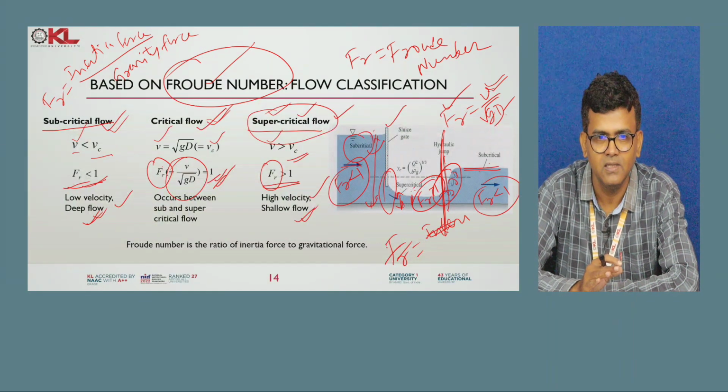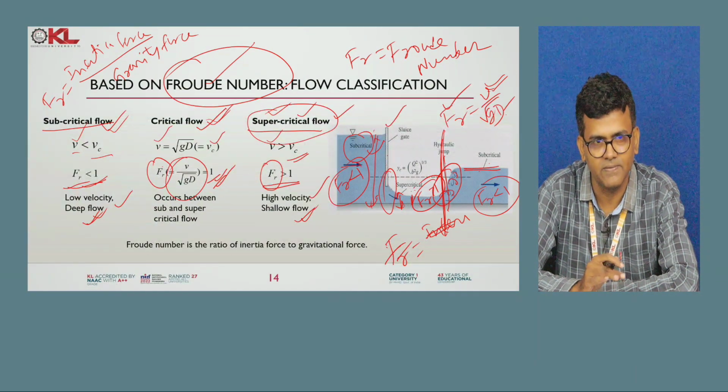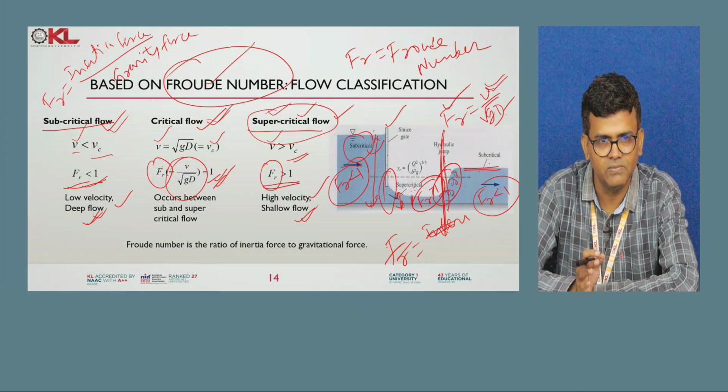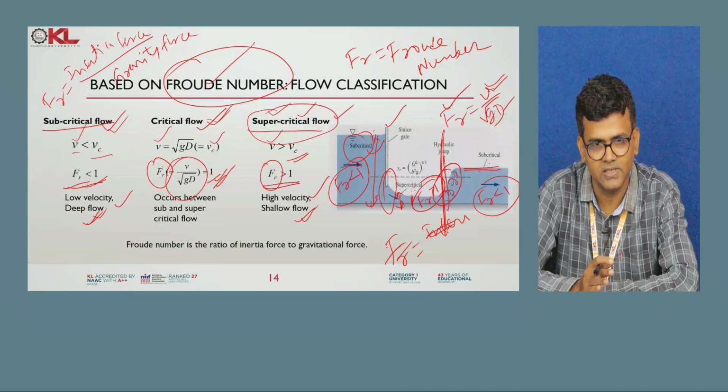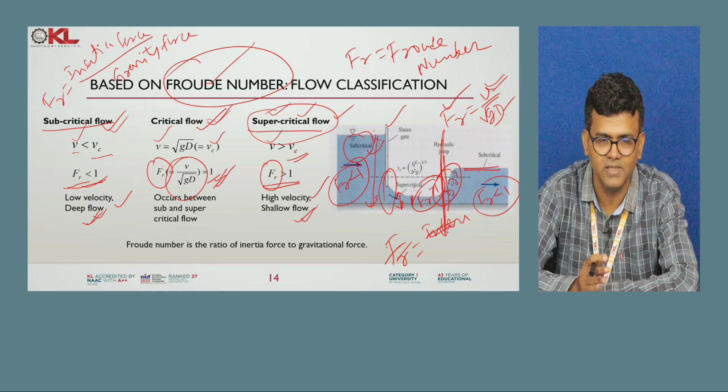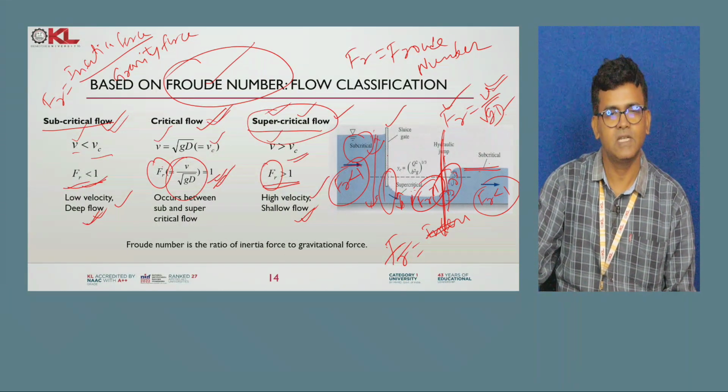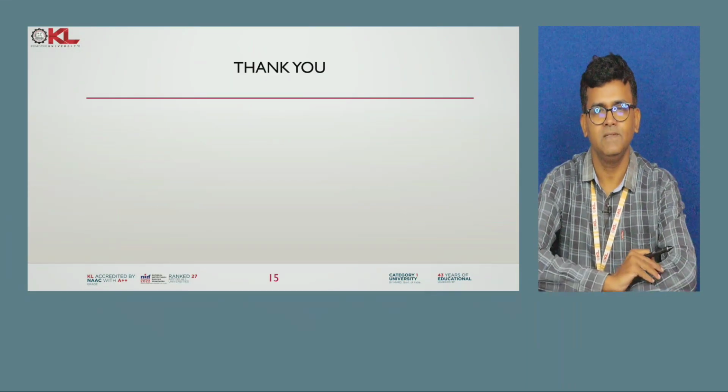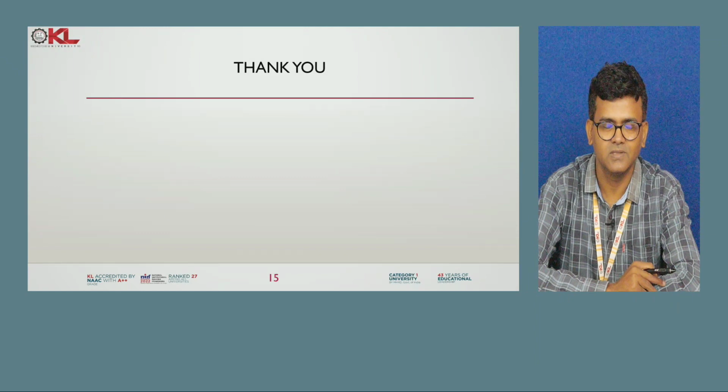Laminar has the characteristic that flow lines are parallel to each other, while in turbulent flow the lines cross each other. Based on the Froude number, flow may be critical, subcritical and supercritical. If the Froude number is equal to 1, critical flow; less than 1, subcritical flow; and greater than 1, supercritical flow. So this is about the types of flow. So for this session, thank you very much.